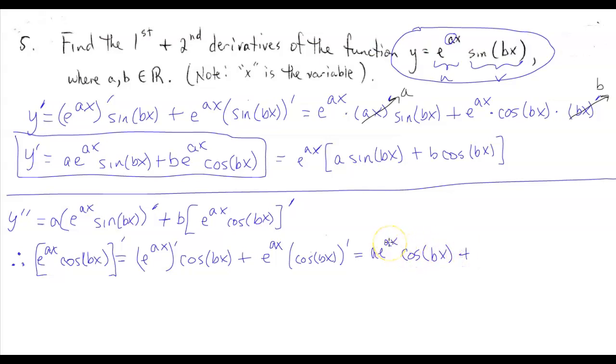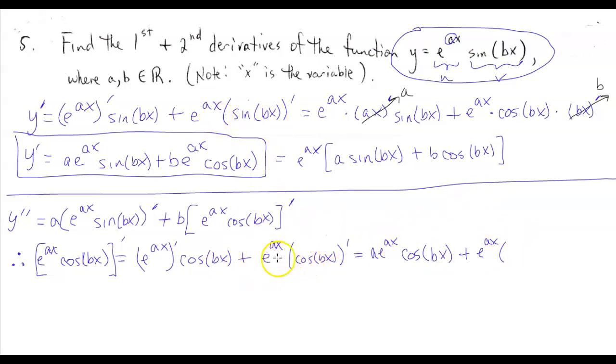And then plus, we have e raised to the ax. And derivative of cosine of bx, we've already done that as well. At least I think we have. No, actually we didn't, so we'll do that now.